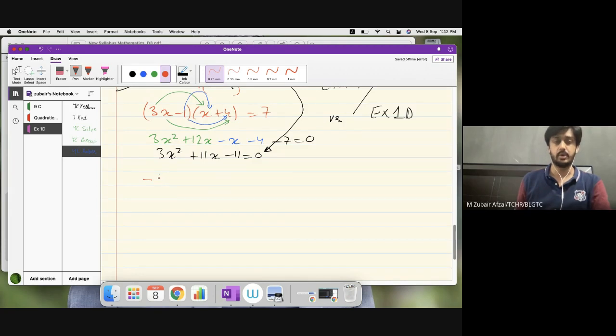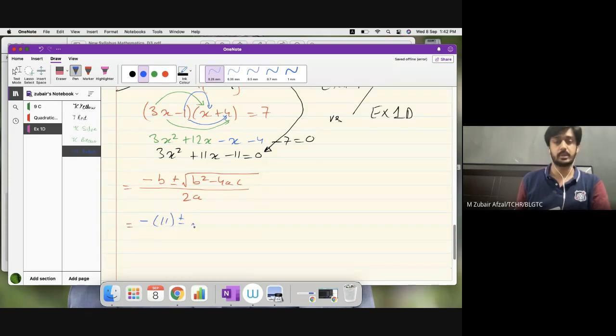Once you get this quadratic equation, it is no different from what we did in exercise 1a. So you already know the quadratic formula is minus b plus minus square root b square minus 4ac over 2a. I hope you have your copies with you so you can refer back. Meanwhile, when I'm writing this, you may use your calculator and solve for x.